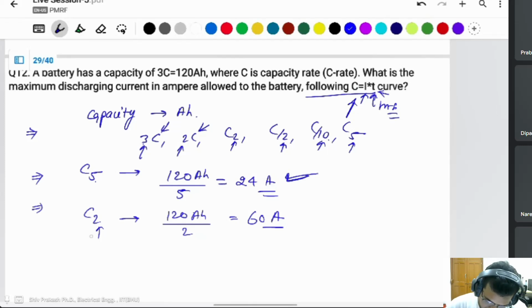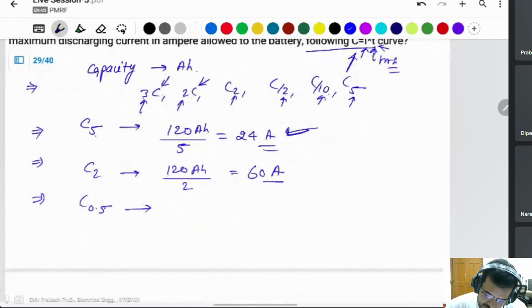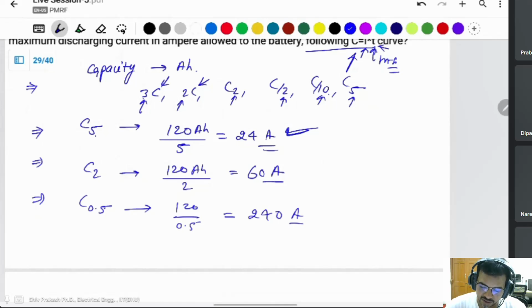Simple. If the same thing is C 0.5, you divide 120 by 0.5, so 240 ampere. If you discharge at 240 ampere, then it will be discharged in half an hour.